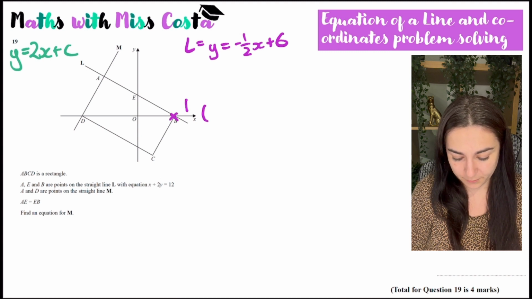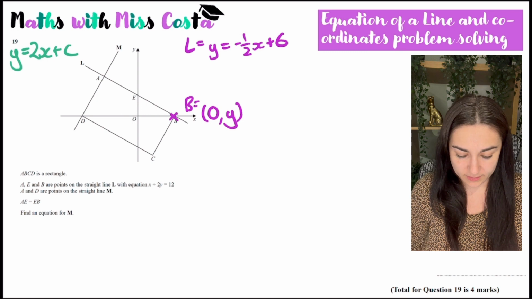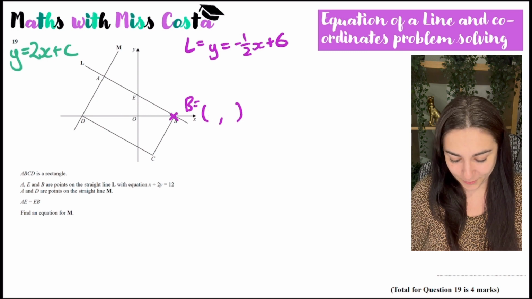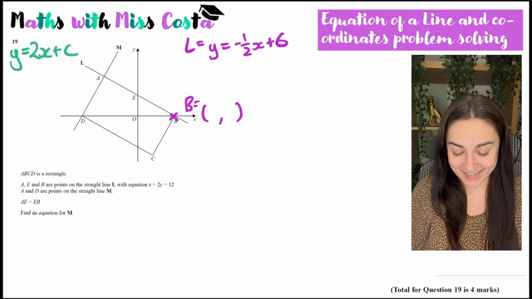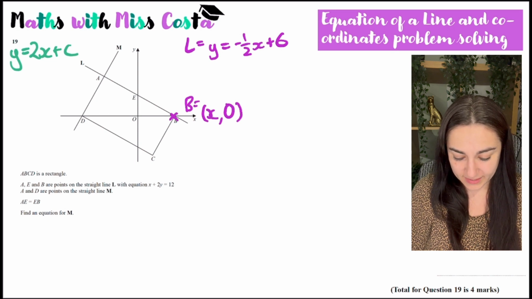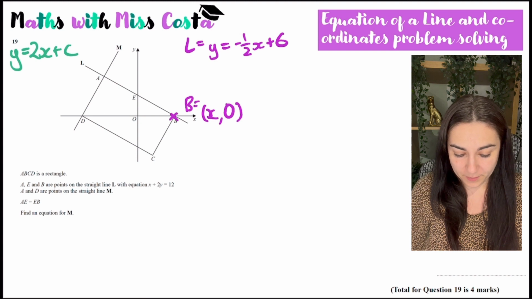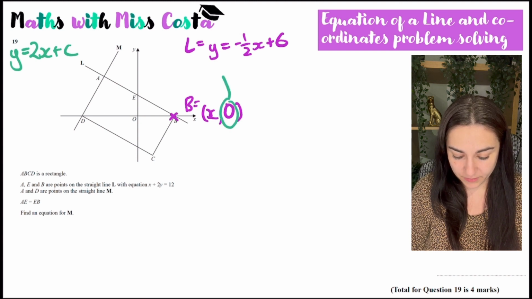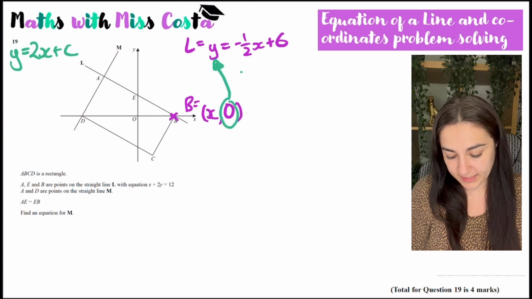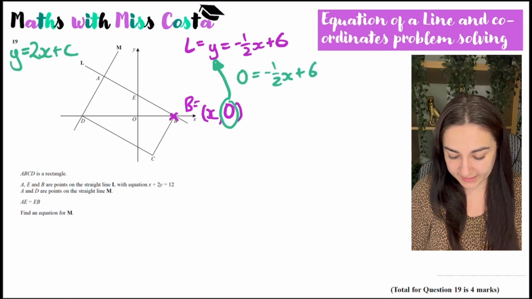Therefore, the coordinate of B is going to be 0 something. Sorry, other way around. It crosses the x-axis, therefore y is 0. So I could work out the x coordinate. How can I do that? By substituting 0 into this equation. So I'd say that 0 equals -1/2x plus 6.